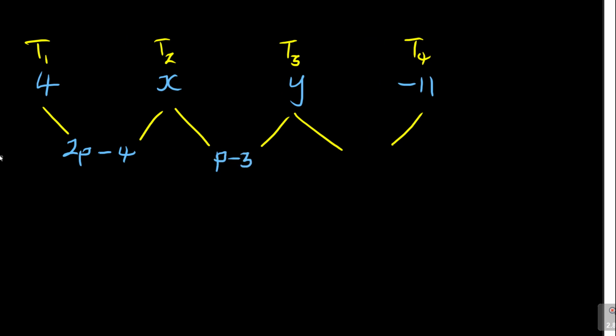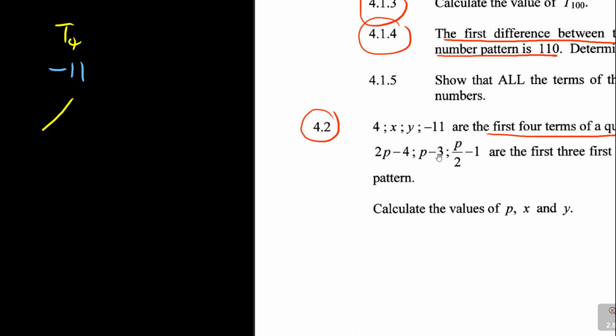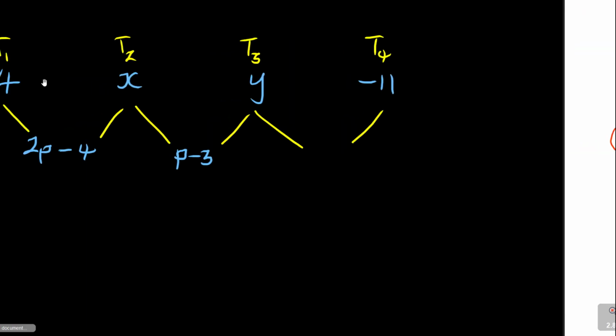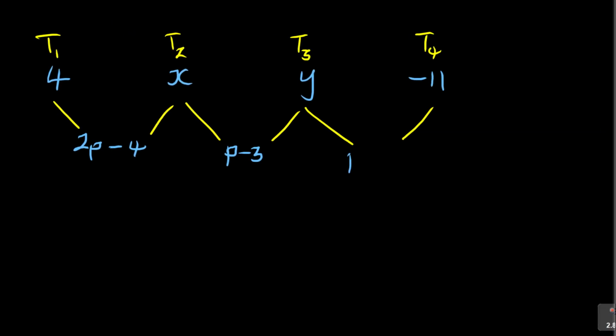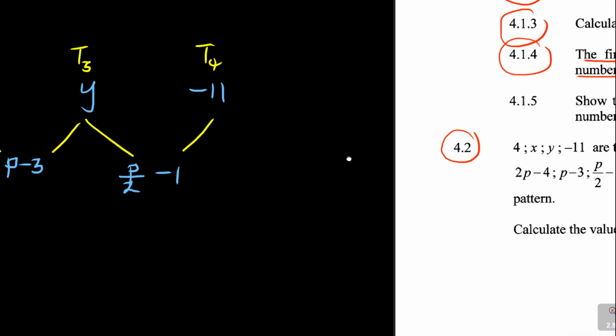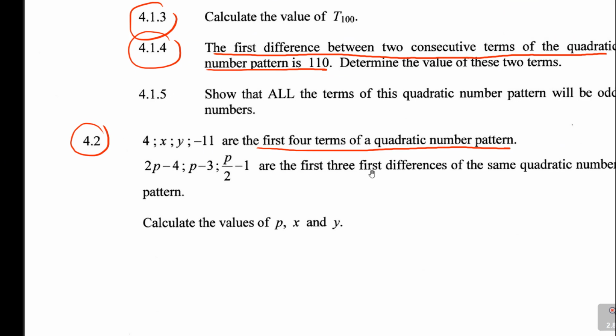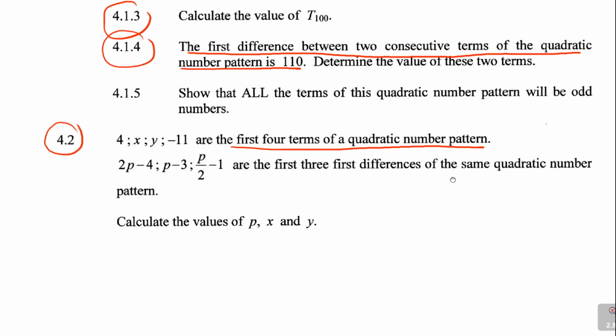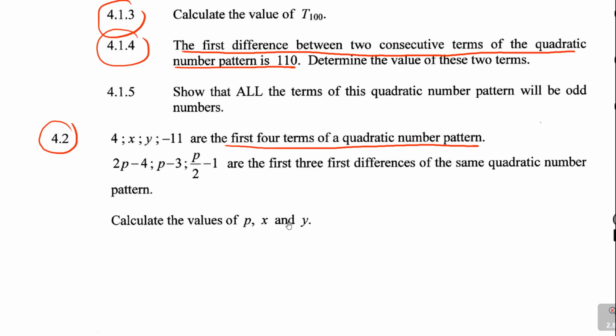Are you seeing that? And the other one, because they are following each other, is p over 2 minus 1. That's why they're saying they are the first three differences of the same quadratic pattern. Calculate the values of p, x, and y.